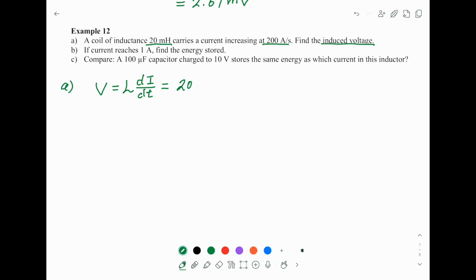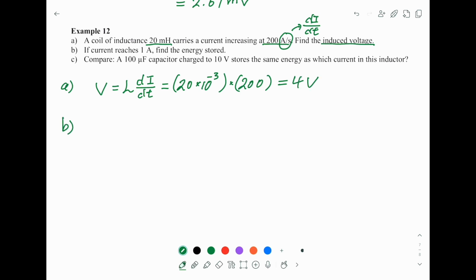So this is 20 times 10 to the minus 3, and this one is di/dt. So this is 204 volts.